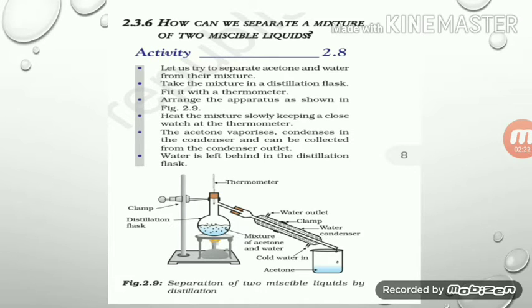One condenser is also there, which is needed to cool the vapor. So we collect the water and the other components present in the mixture.